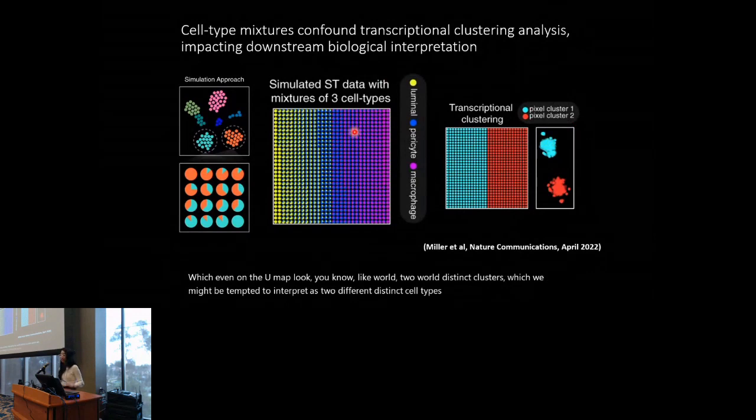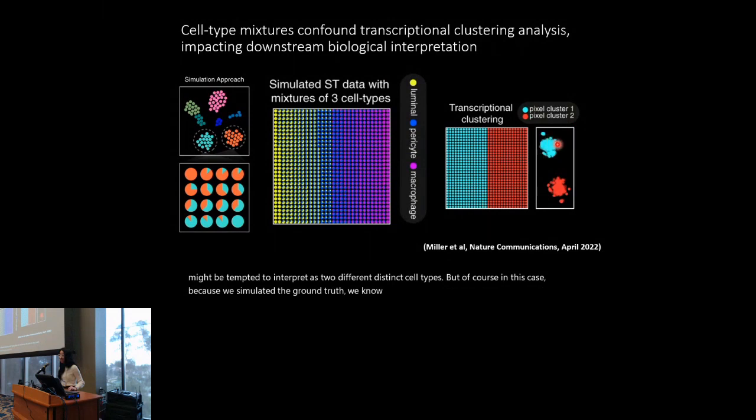But of course, in this case, because we simulated the ground truth, we know that pixel cluster 1 is a mixture of luminal cells and parasites, and pixel cluster 2 is a mixture of parasites and macrophages. And neither cluster actually is a real cell type in itself, and the transcriptional identity of each cluster is also going to be a mixture of these different cell types.